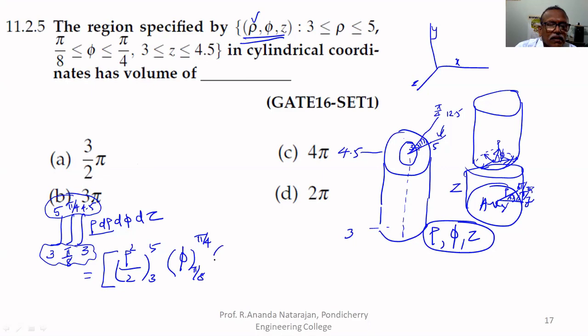Then this phi is independent of z. So if you integrate dz, you will get z, with limits 3 to 4.5.